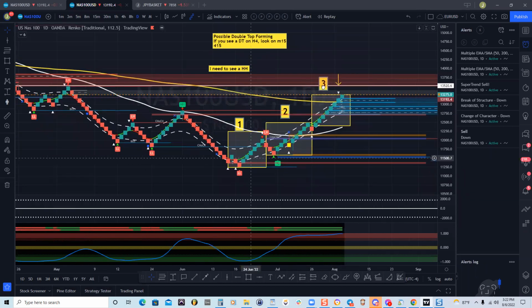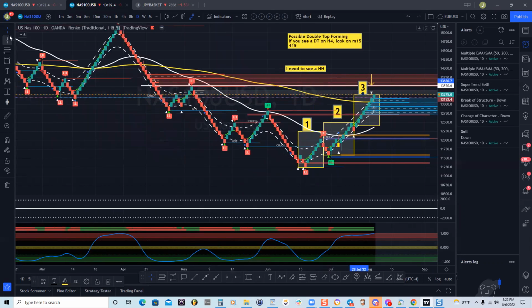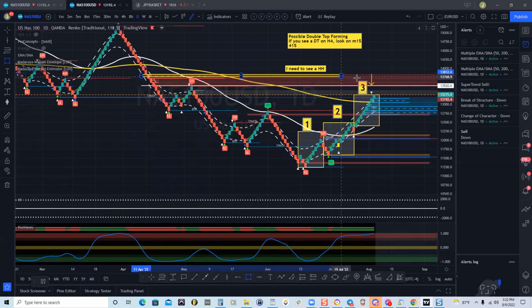This red indicator is telling me that there's a LQ sweep here. But this indicator is Pro Concepts. Yep. So Pro Concepts is telling me there's an area here. This is what I call a hotspot right here. There's a hotspot right there. So we need to see this is phase 3 here, right there.